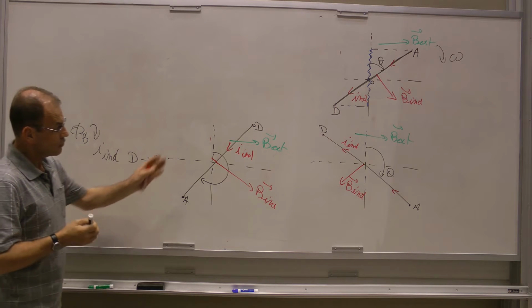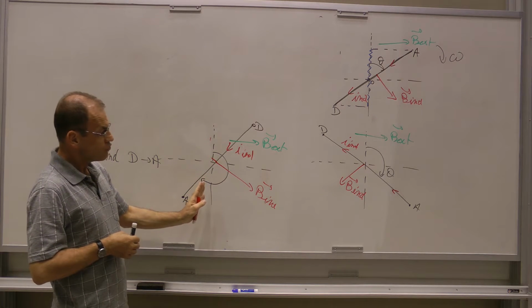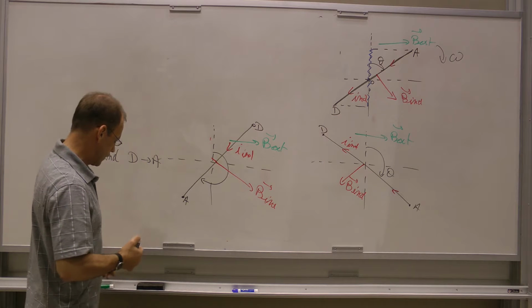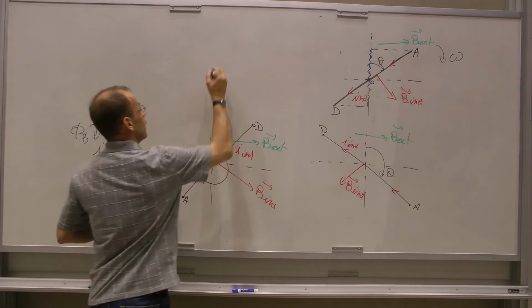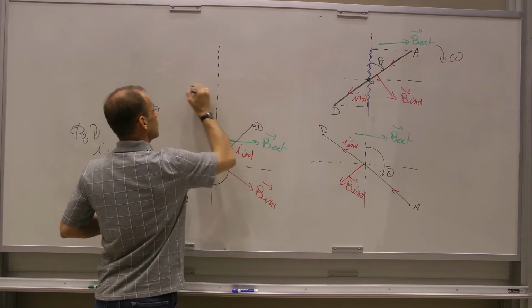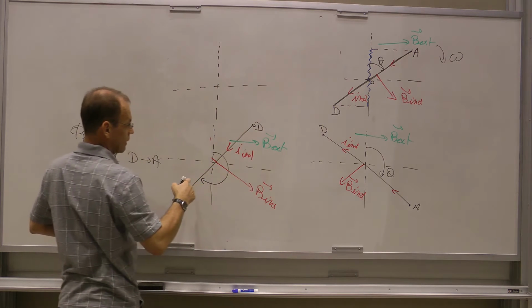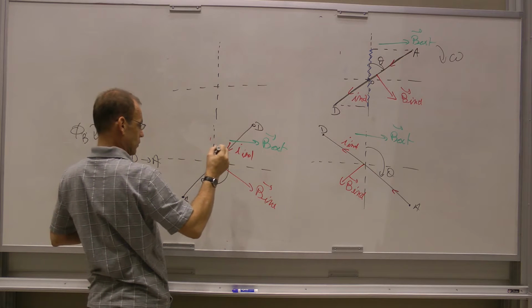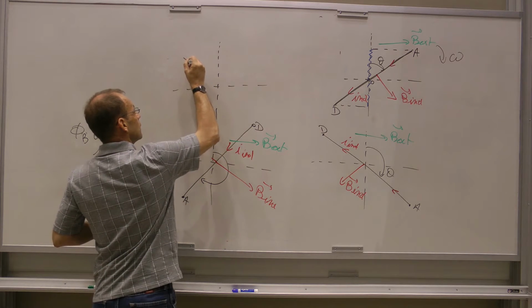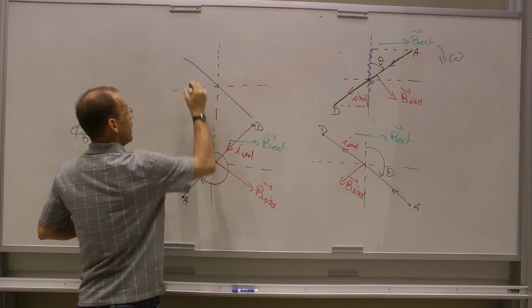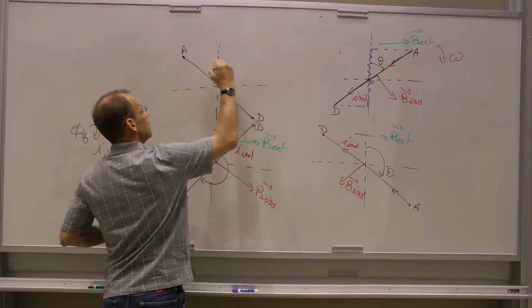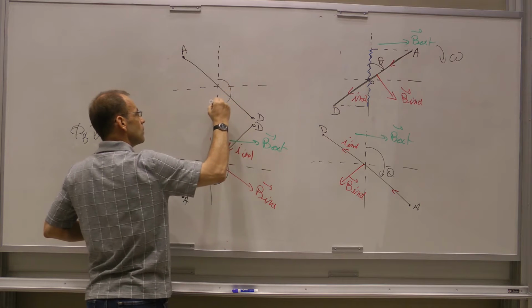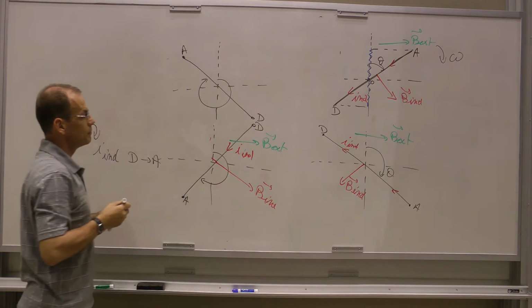So the passage of the frame through the vertical is what triggers the change in the direction of the induced current. And then the last element, the last quadrant that we can look at, has the loop having rotated this way, A coming back up, D now sinking back in, with the angle theta corresponding to this very big angle.